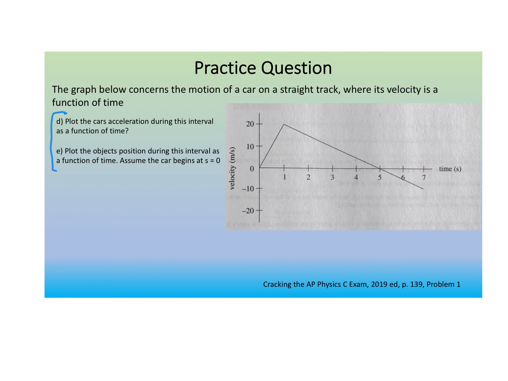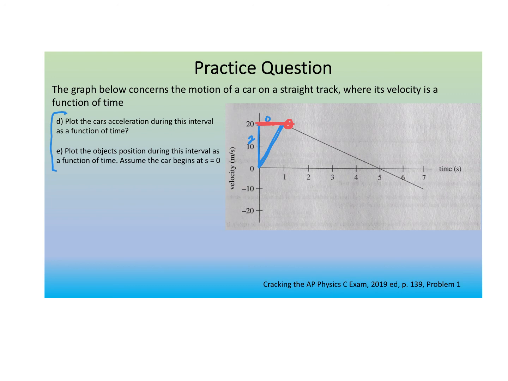So the slope of this first line, we're going up 20 and over 1. And so in that chunk of time, our acceleration graph is that interval right there in red. It's just a constant acceleration of 20 meters per second squared from 0 to 1.